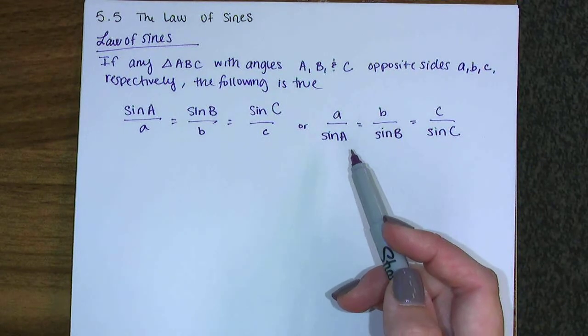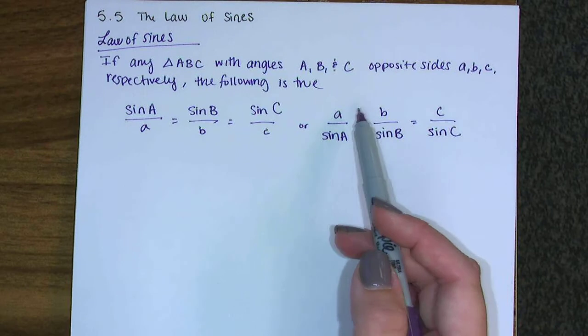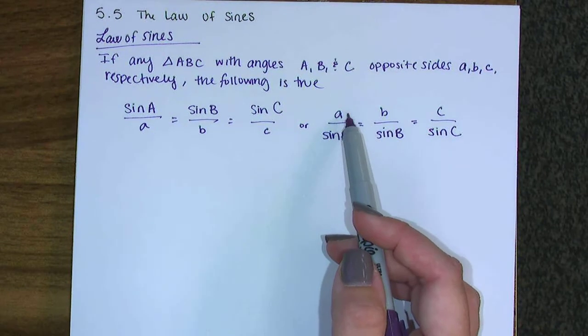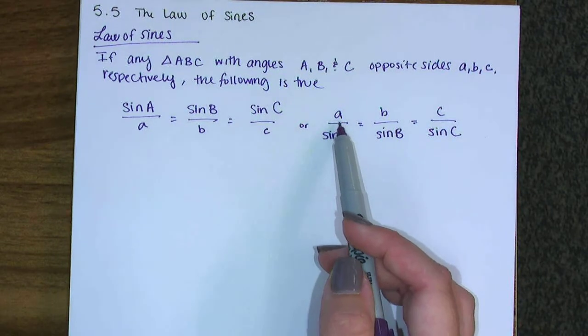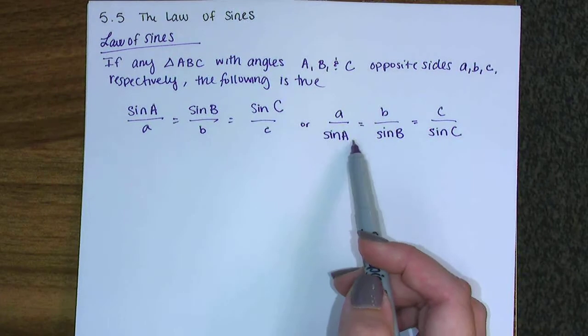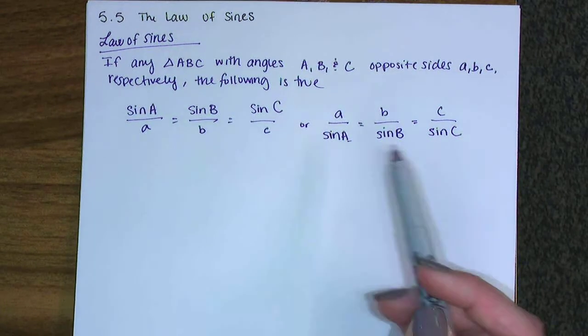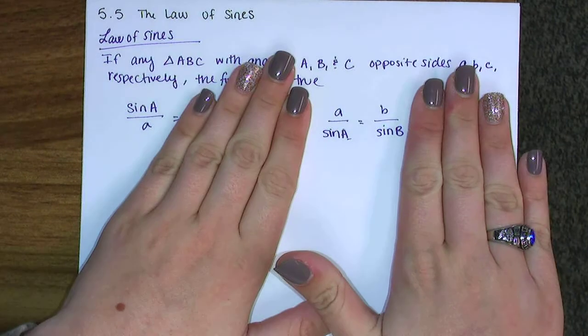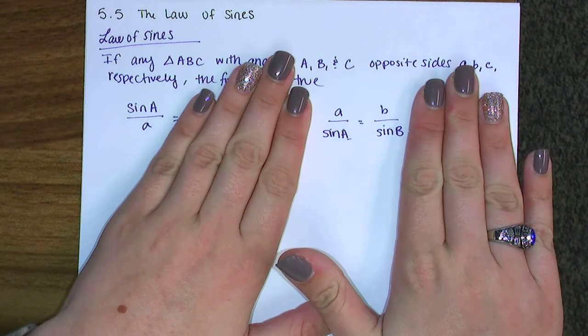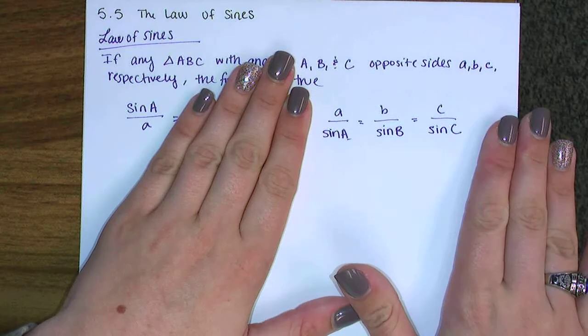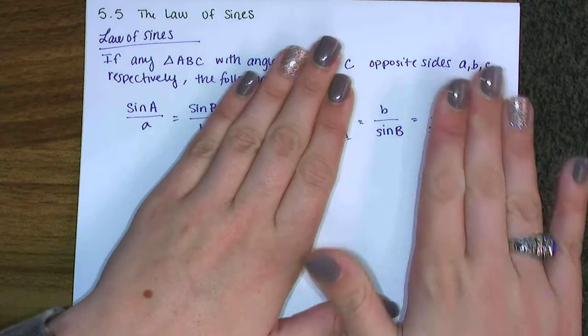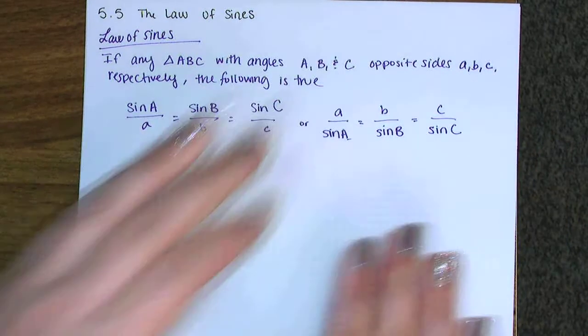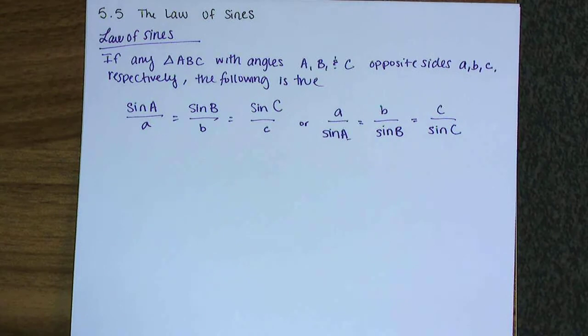I will always put my unknown in the top left, or almost always, because it just makes my multiplying through and stuff easier. And obviously, when you're doing these problems, you're really only dealing with one set at a time, rather than this whole thing. You're not going to have all three of these things equal to each other at the same time. You're just going to have a group of two of them that you're using at a time.